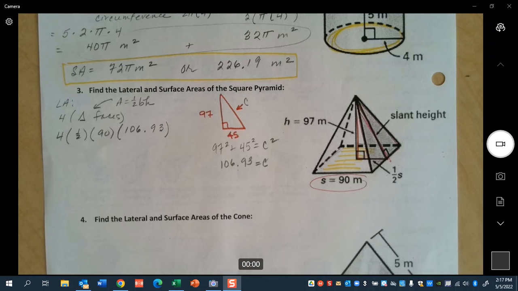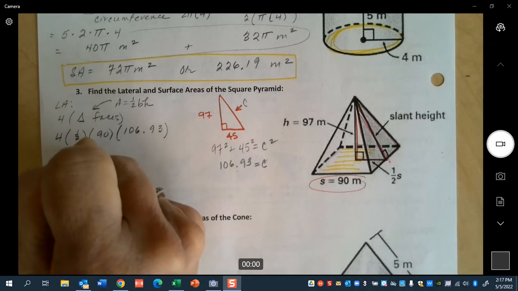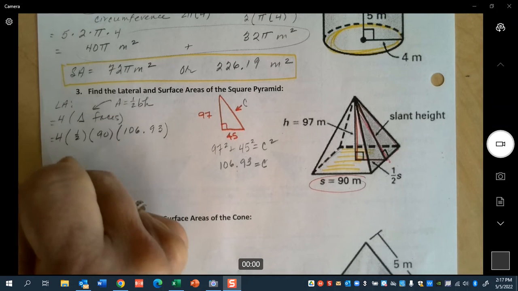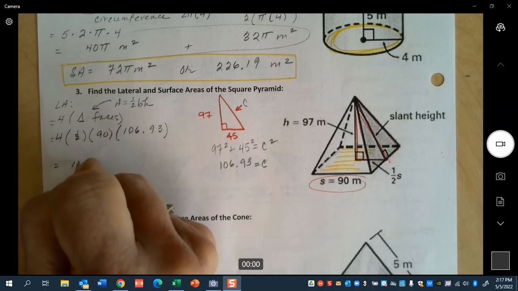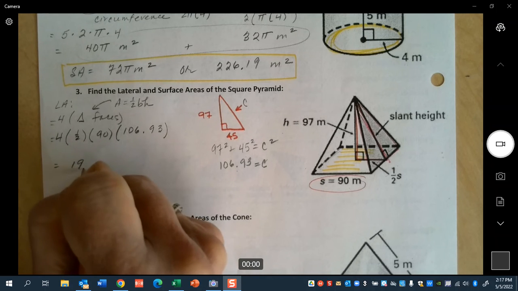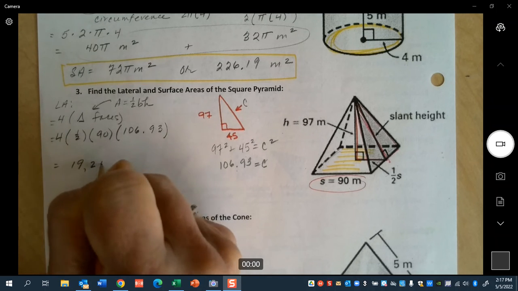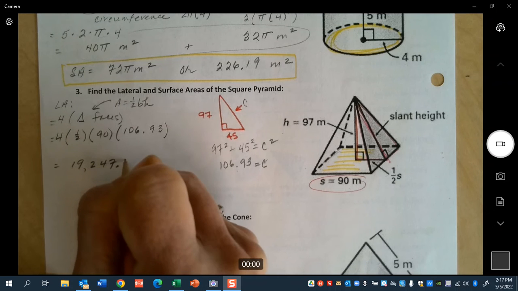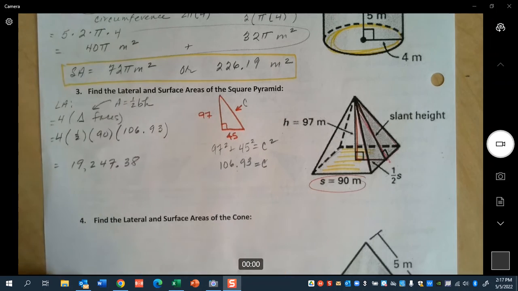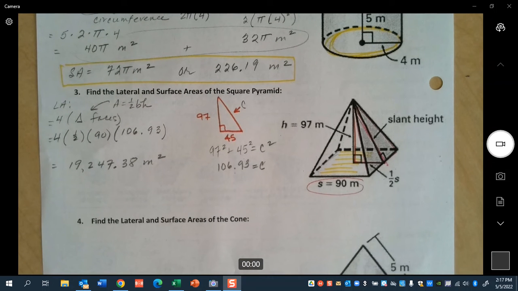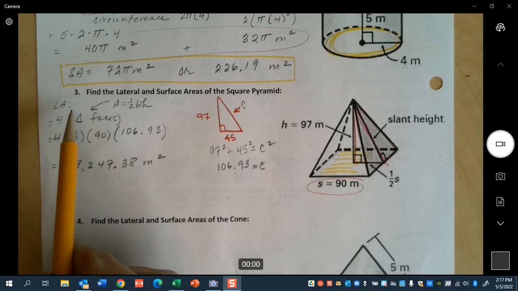When I multiply that together, my lateral area for the sum of those together is 19,247.38 meters squared. That's my lateral area.